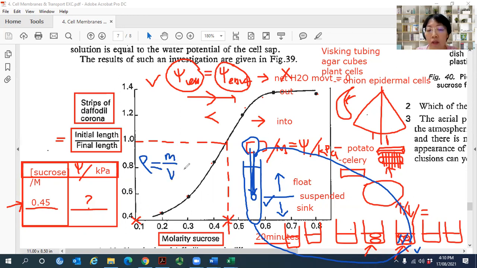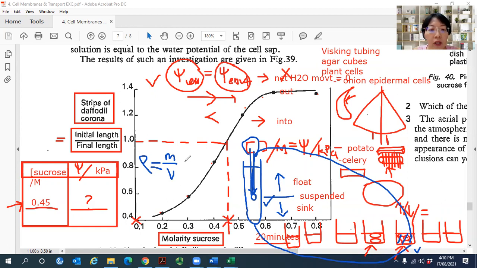Mass over volume, is it concentration? Kirti, is mass over volume concentration? Yes, correct. So you get yourself 2 points.